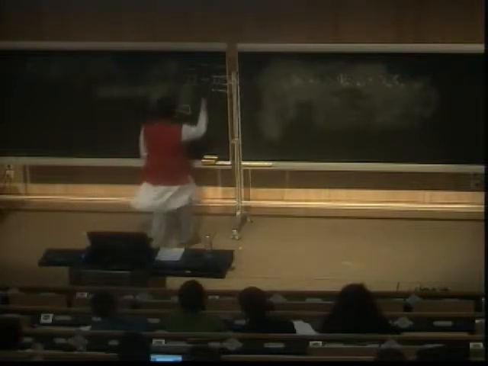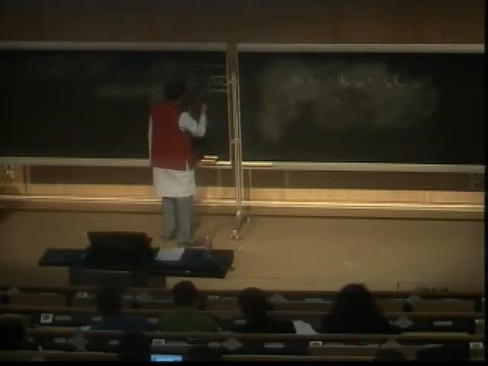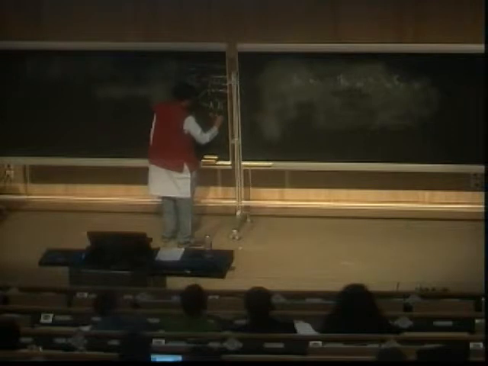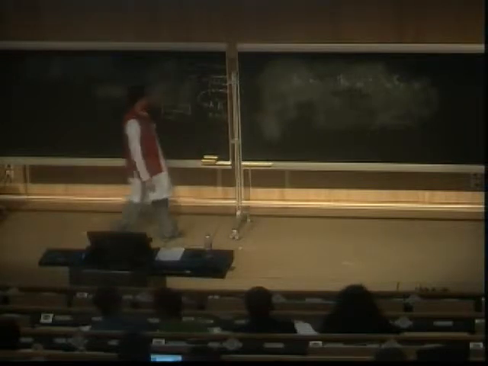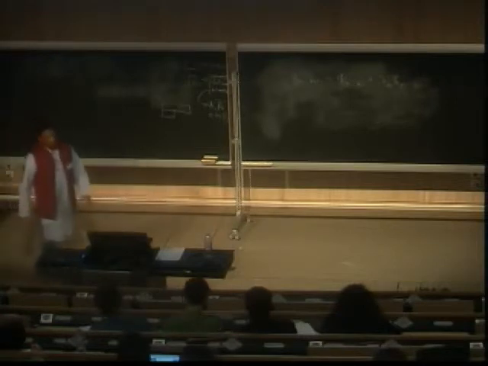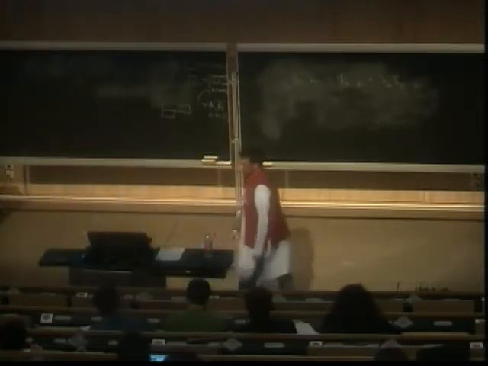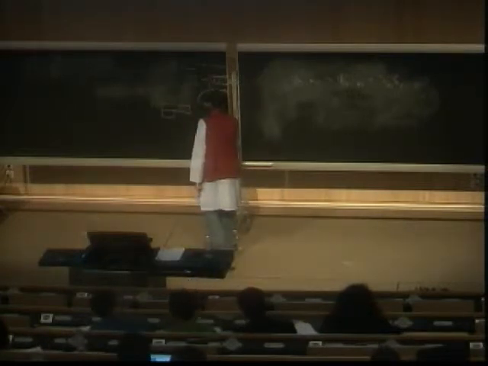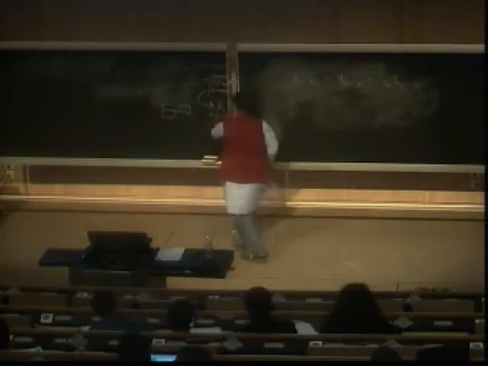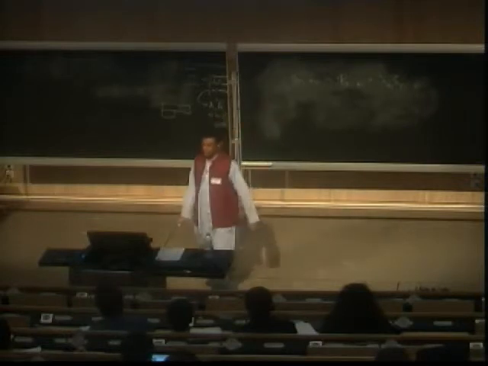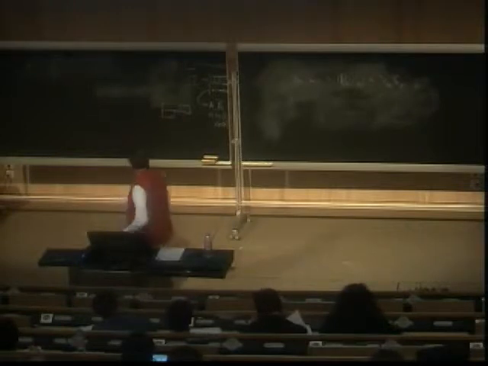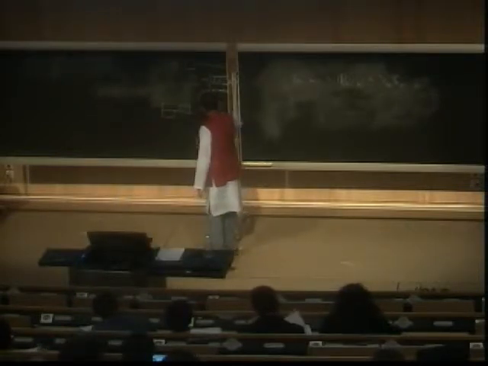And all the remaining fields can be packaged into two gauge fields which belong to this HS lambda gauge group, which, if you wish, are in the Lie algebra of this HS lambda. The reason there are two is that the symmetry algebra is actually HS lambda times HS lambda. This will probably become clear a little later. So the A belongs to one HS lambda, the A tilde belongs to the other.